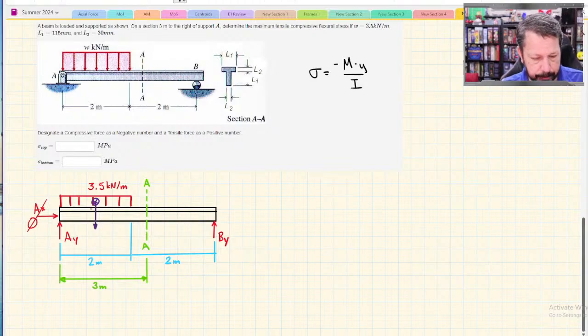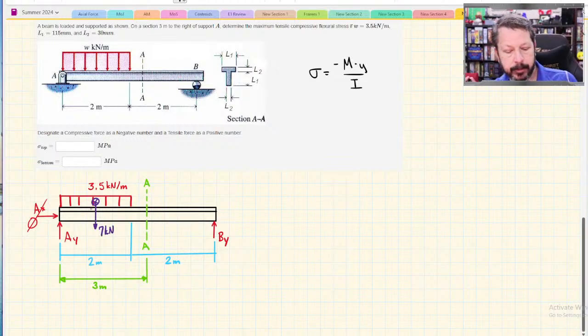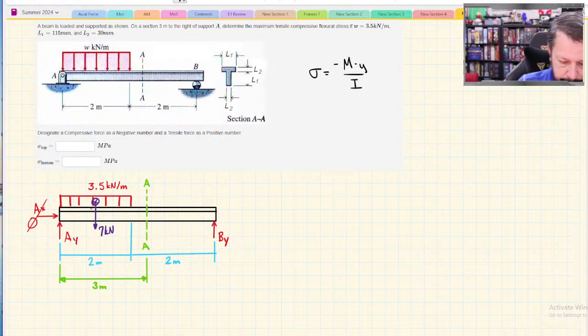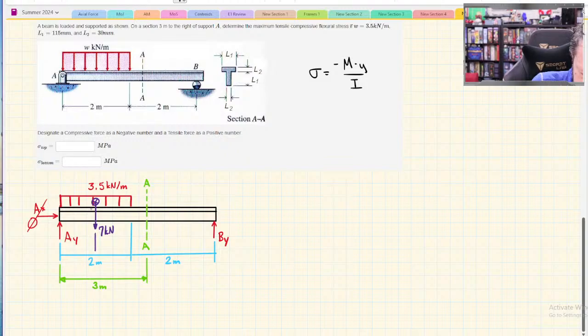And its value is going to be 7 kilonewtons. 3.5 kilonewtons per meter distributed over 2 meters. So 3.5 times 2 is 7. And the location of that will be 1 meter in.